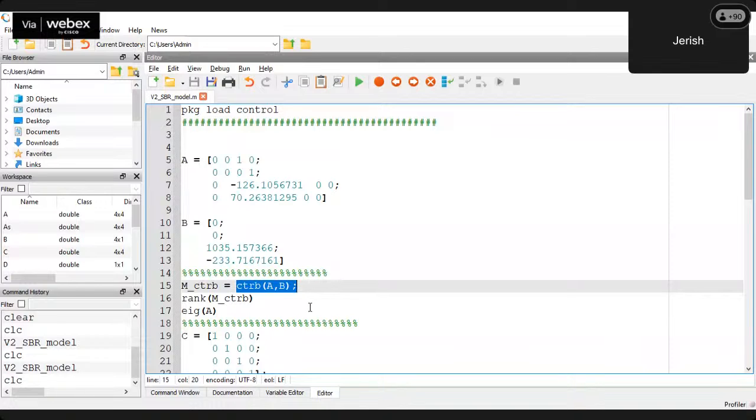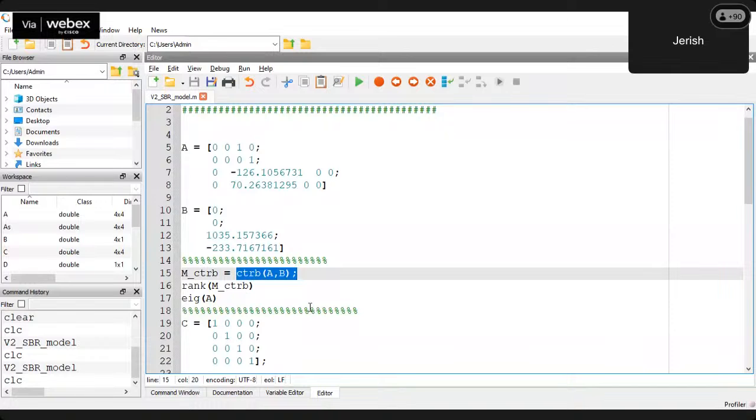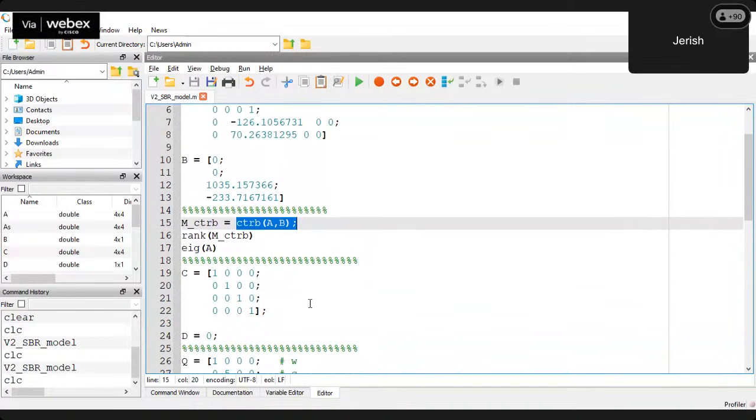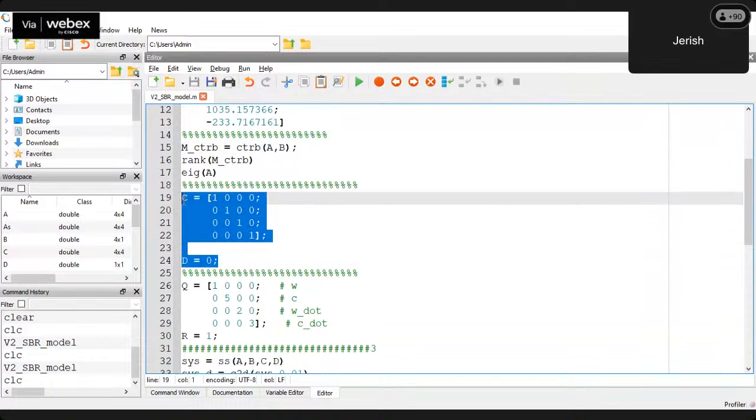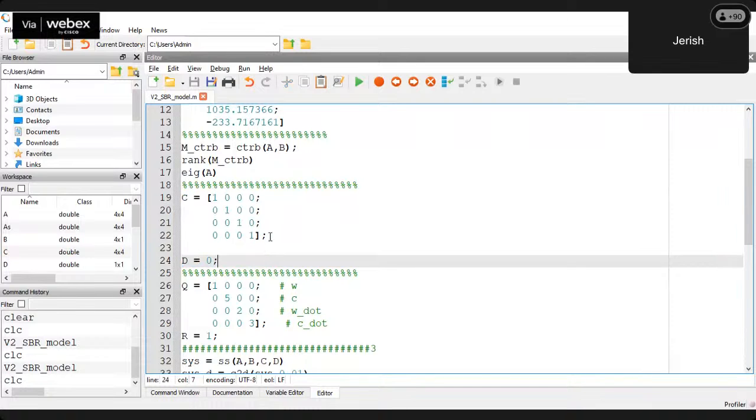So for that, we'll see if the system is stabilizable or not. All these properties we'll see. Now, A, B, C, D matrix, you can see over here we have taken C as unity and D as 0. There was a question in chat about why we take C as unity and D as 0. The reason is the output of the system is represented by the C matrix. This is the relation of input and output of the system. Over here, the outputs of the system are basically the exact states that we showed.